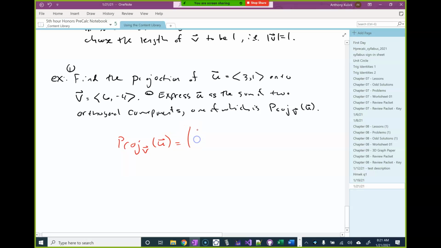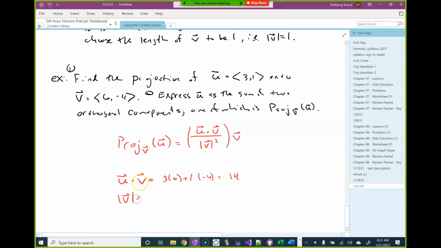So my formula is u dot v over the magnitude of v squared, times vector v. So let's do the dot product. For the dot product, we multiply the x's and we multiply the y's and then we add them together. So 18 plus negative 4 is 14.